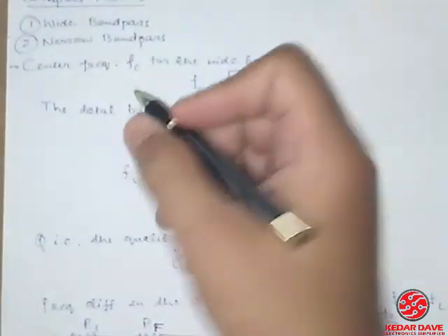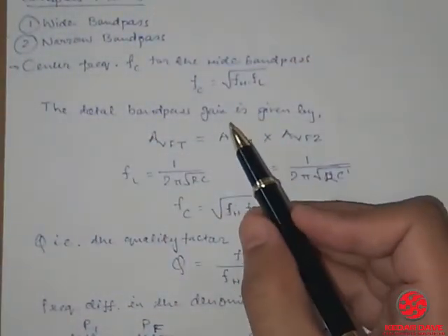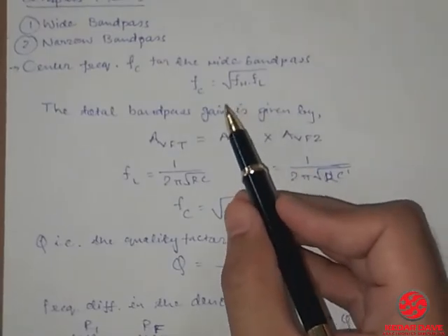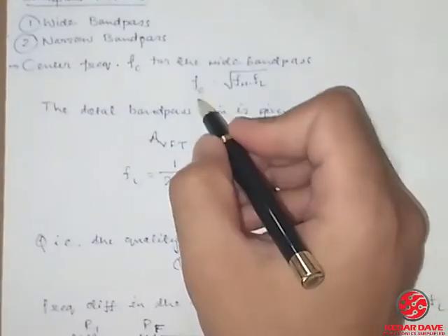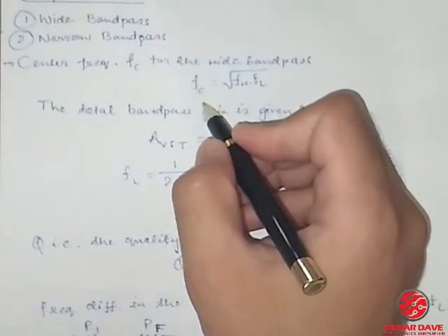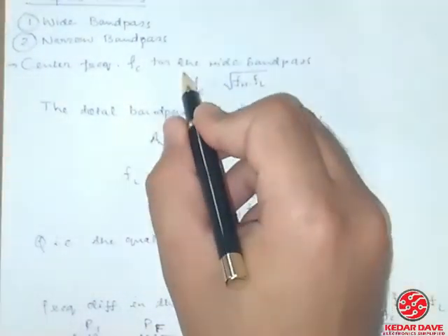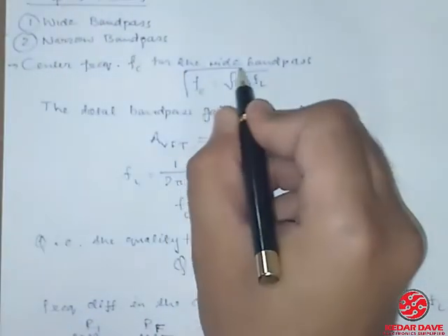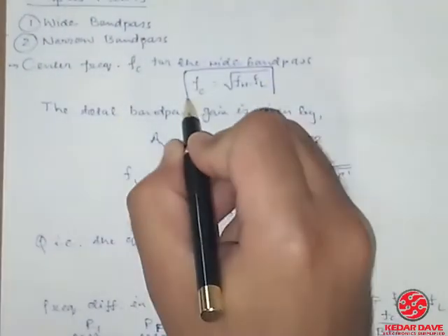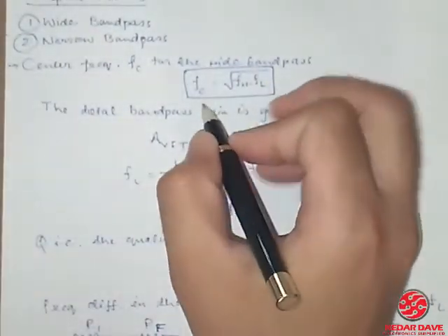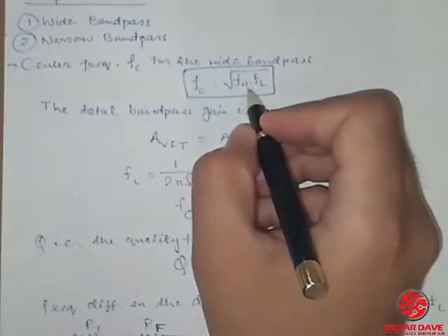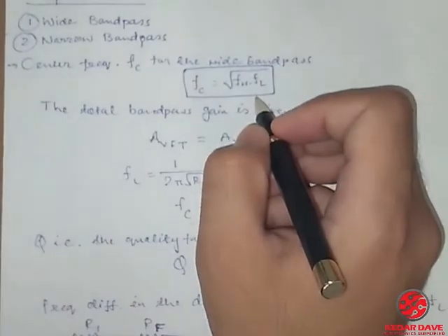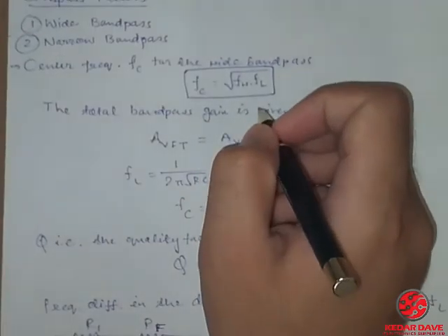For both of these frequencies, we are getting an equation over here, and that is for our cutoff frequency. This equation relates to the actual cutoff frequency of this filter, and it can be represented as Fc equals square root of Fh into Fl, right?